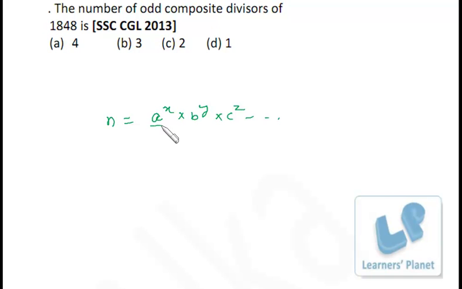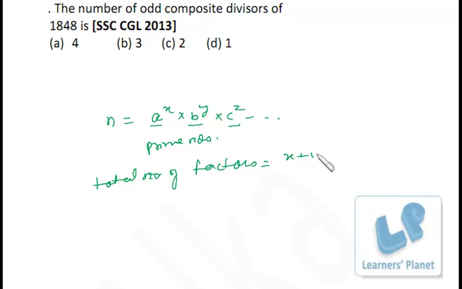Here a, b, c are prime numbers. So the total number of factors will be (x plus 1) into (y plus 1) into (z plus 1). The total number of factors includes 1 and the number itself, right? These are the total number of factors, or divisors.